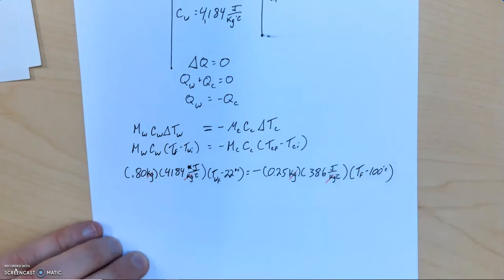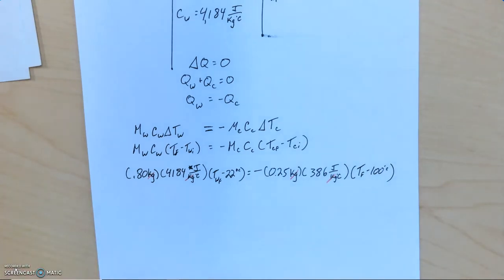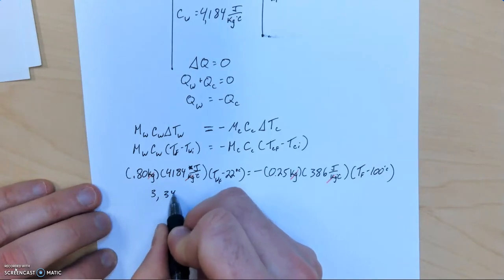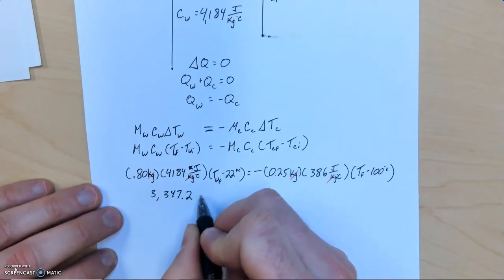And let's start doing some multiplication. We're going to multiply these together and we're going to get 347.2.